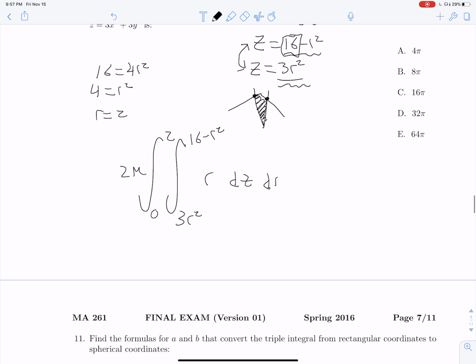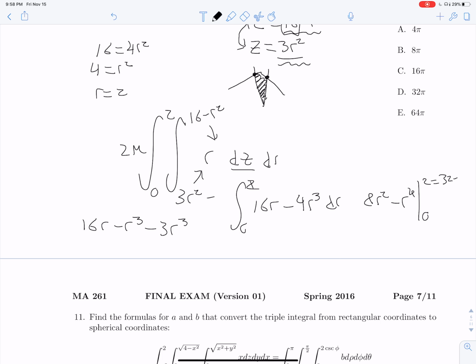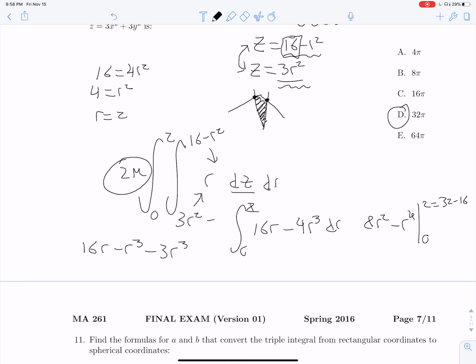So doing the same thing, we're not dependent on z, so we can just multiply in, but subtracting this guy, and we will get 16r minus r cubed minus 3r cubed, which is 16r minus 4r cubed, and then integrating this on 0 to 2 dr, we will get 8r squared minus r to the 4th on 0 to 2, which is going to be equal to 32 minus 16, which is 16, multiplied by our 2 pi that we had lurking out here, and we get 32 pi.